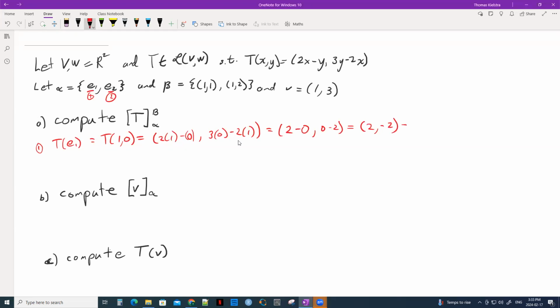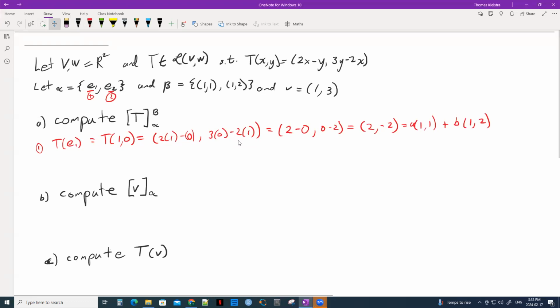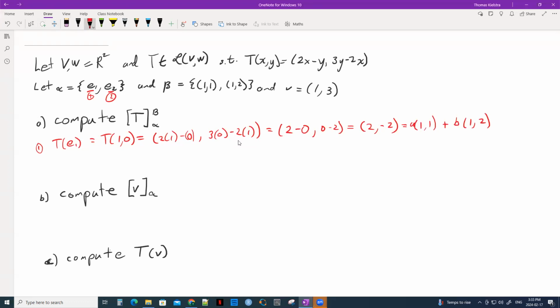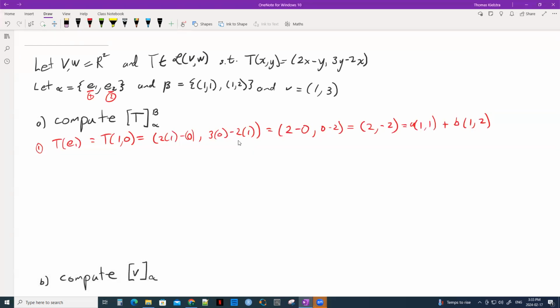Okay. We want to know what this is in terms of the vectors A(1, 1) plus B(1, 2). Well, now we're actually going to have to create a little bit more room because we can't quite fit all of our calculations.